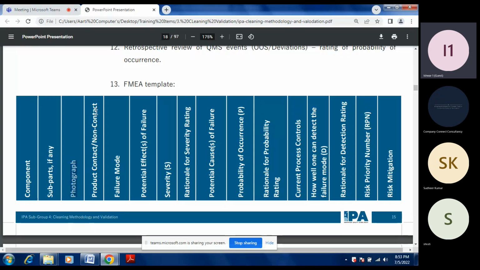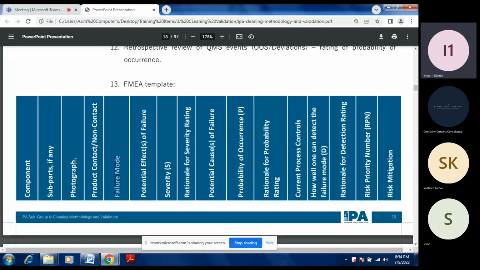Based on the photographs, we can identify some gaps, and we should have a procedure according to that. Product contact and non-contact parts: in that case, we have to identify whether particular parts directly contact the products or not. Failure mode means what failures may occur in those parts. We have the bowls and some mesh used at the bottom of the bowls.